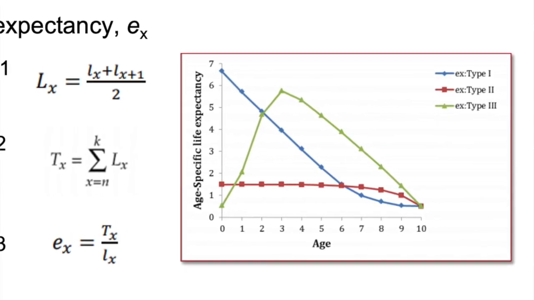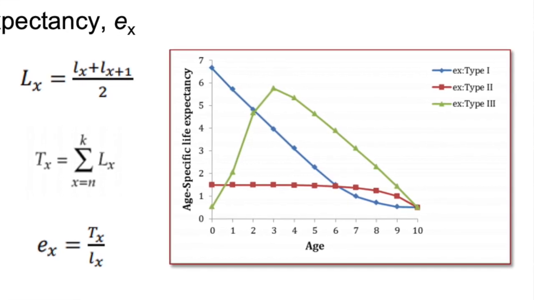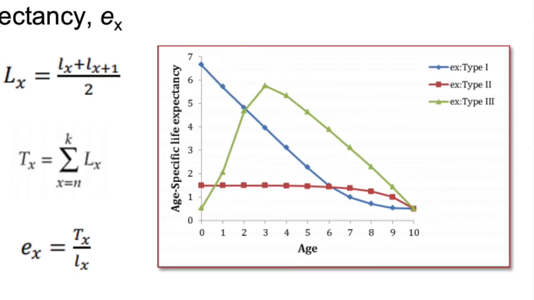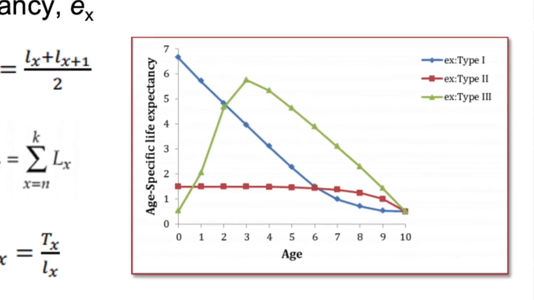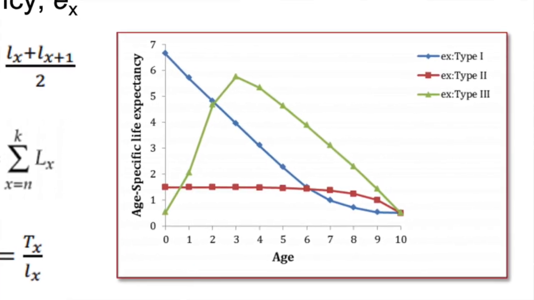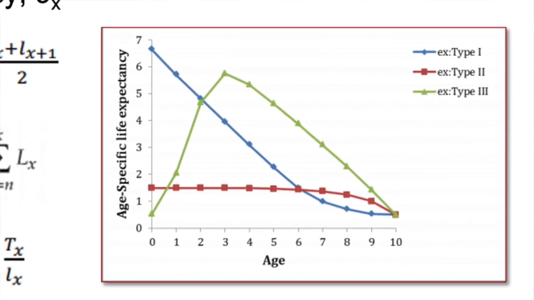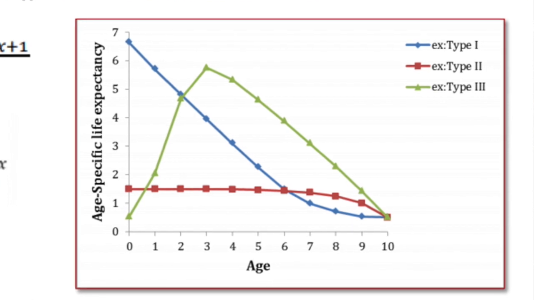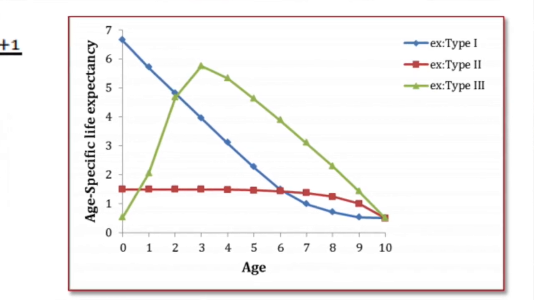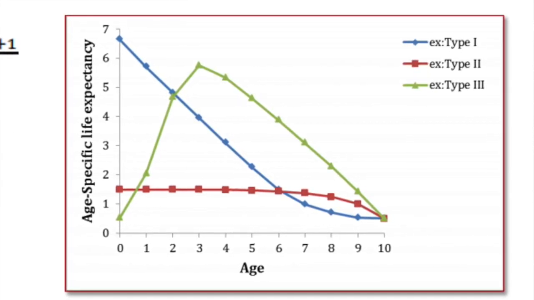For type 2 organisms, it actually starts low and remains constant until end of life. Finally, for type 3 organisms, it starts out low but goes up very high until it reaches a maximum point and then gradually goes down until end of life.